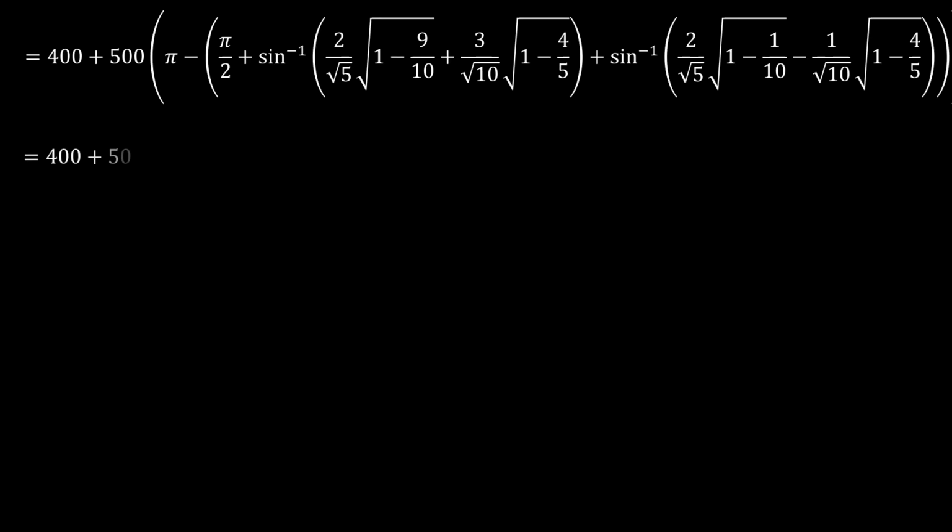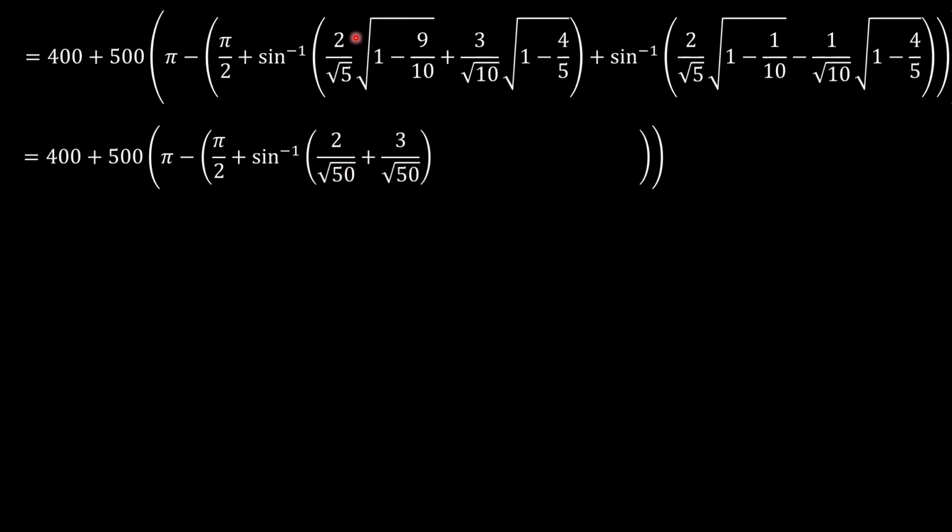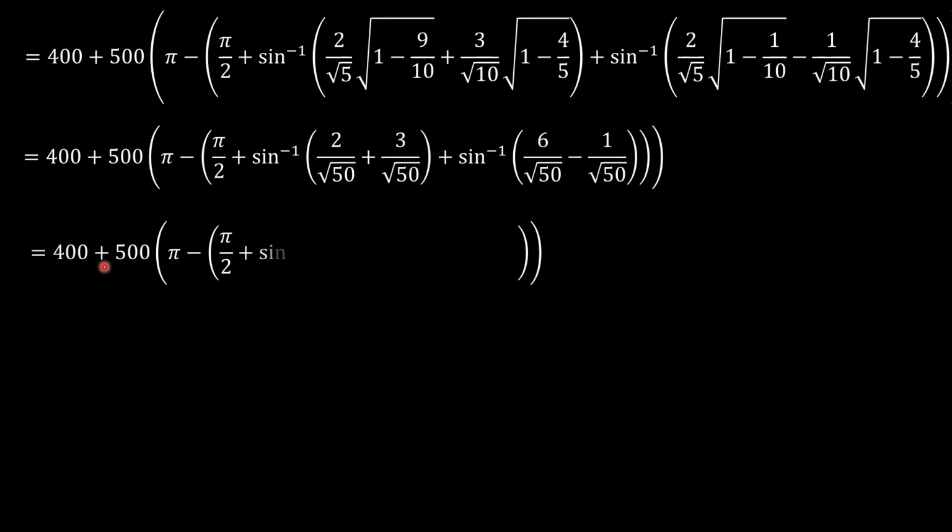As you can see, we have pi minus pi over 2 arcsine of 5 over root 50 from here, and the difference of two numbers gives arcsine of 6 over root 50 minus 1 over root 50.